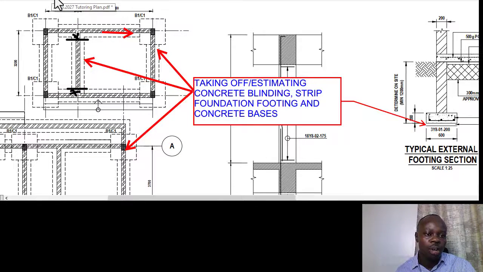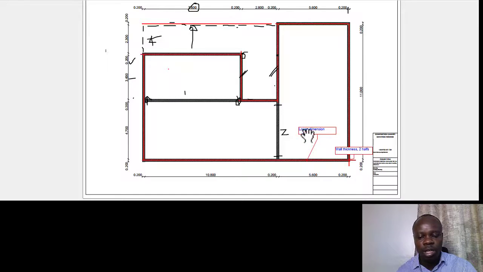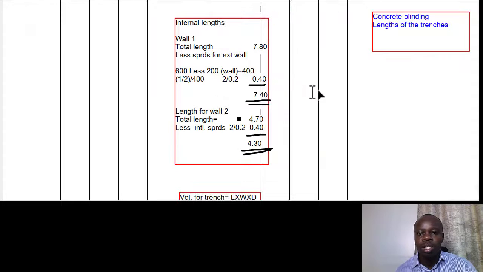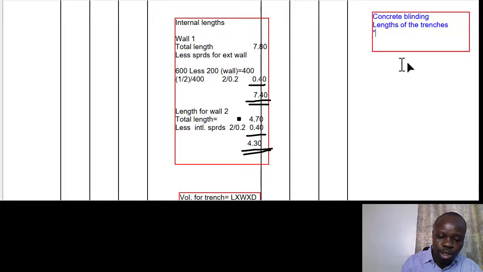The same explanation applies for these, and that is why we are still going to use the length and dimensions that we got for our excavation for the trenches. So we just note the same lengths as done before.